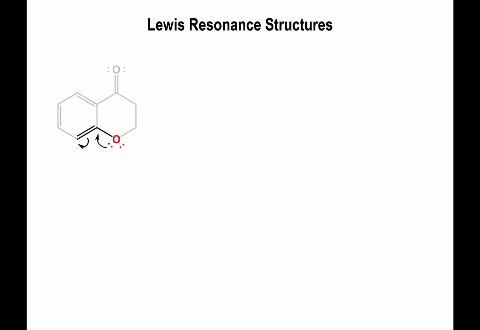Okay, so when this happens, pretty much what takes place is that this oxygen with the lone pair now becomes an oxygen double bond. And the double bond that used to be here now has ejected its electrons onto the adjacent carbon, thus forming the following structure.